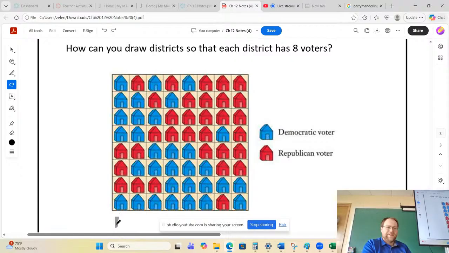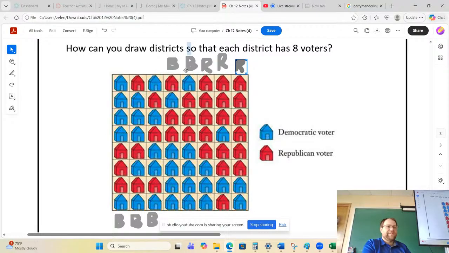Blue, blue, blue, blue, blue, blue. Next one, blue, blue. Next one, blue, blue. Next one, red, red. Next one, red, red, blue, and red. So which one would win this time? Blue, 5-3.